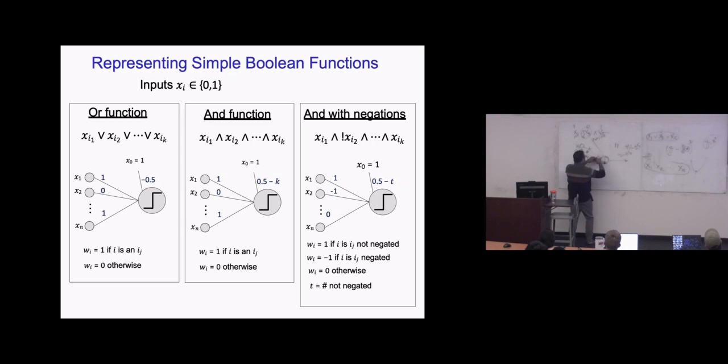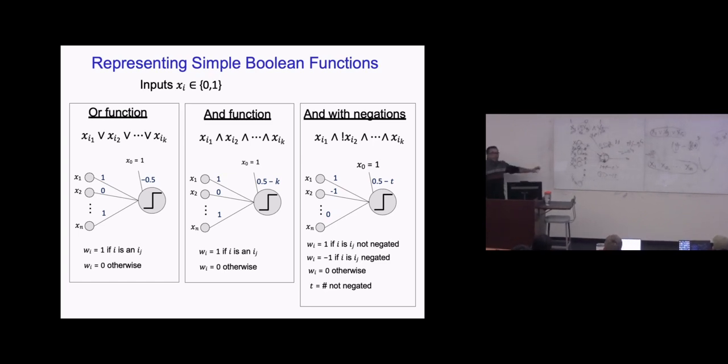Actually, you have minus 0.5 minus 2, sorry. That basically tells you minus 1.5, right? Now you have 1 plus 1 minus 1, they cancel out. You still get an output of 1, which is greater than minus 1.5. It will fire.